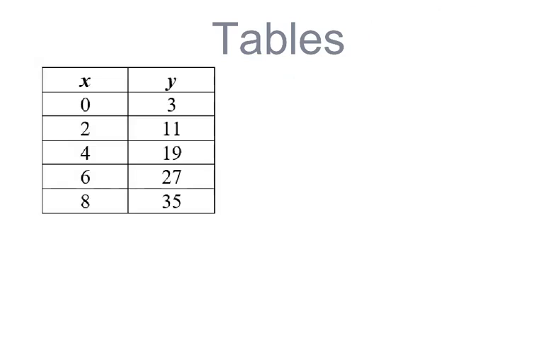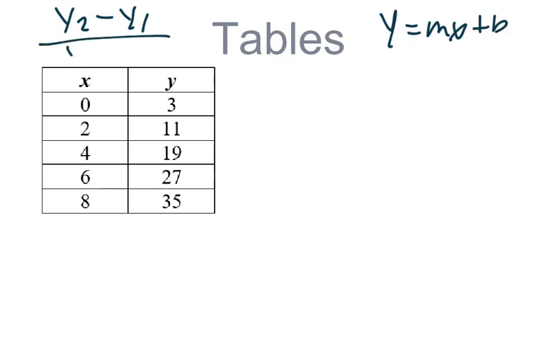All right, so we have another table. Remember, we are still doing y equals mx plus b. However, for this one, I'm going to use our slope formula, so again, that's y2 minus y1 divided by x2 minus x1. Now you could definitely just use change in y, change in x.